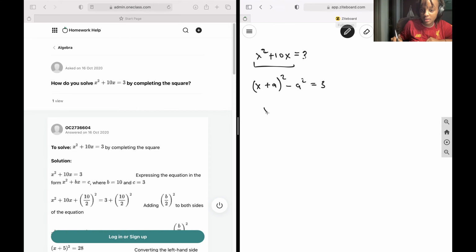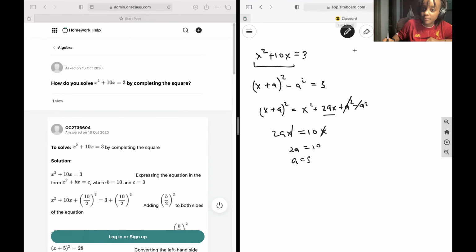And that's purely because (x plus a) squared would give us x squared plus 2ax plus a squared, and we want that 2ax to be 10x, and then we subtract off the a squared in order to cancel the extra number. And so we want 2ax to be equal to 10x. Let's just cancel out those x's. So 2a is equal to 10, which means a is equal to 5.